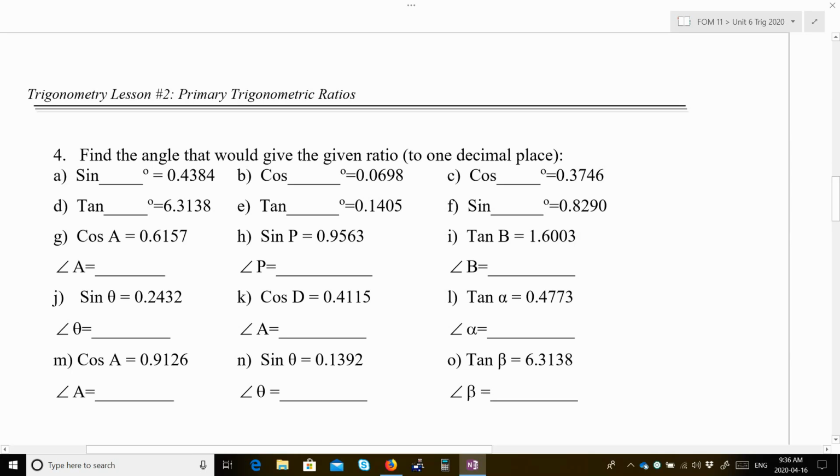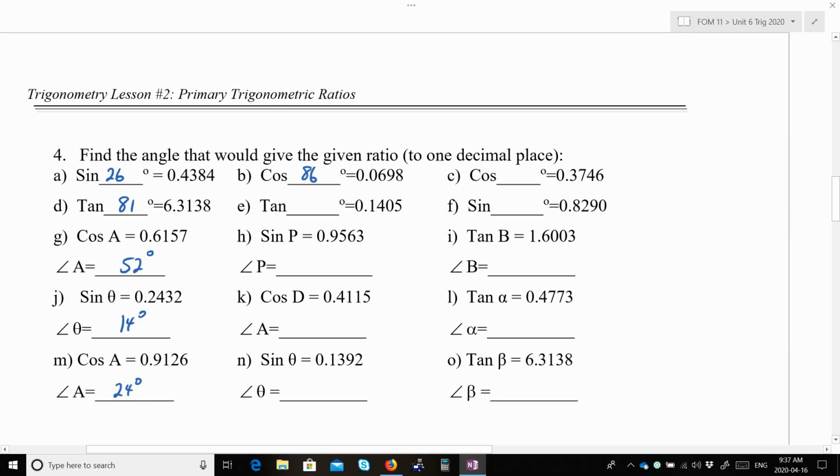Find the angle that would give the given ratio. Okay, so now we have the ratio and we're finding the angle, so you have to do sine inverse or cos inverse or tan inverse, whichever is applicable. Okay, and we would get that A ends up being 26 degrees. This one is 81 degrees. This is 52 degrees. This is 14 degrees, and this is 24 degrees.